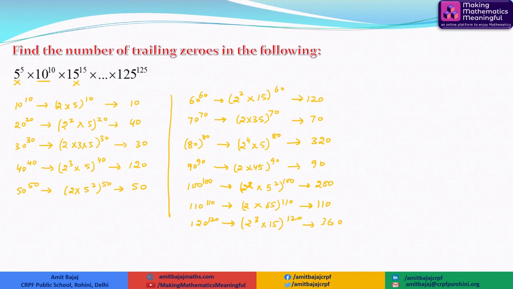When we add all these number of zeros, the total number of zeros you can count is coming out to be 1520 as the required answer.